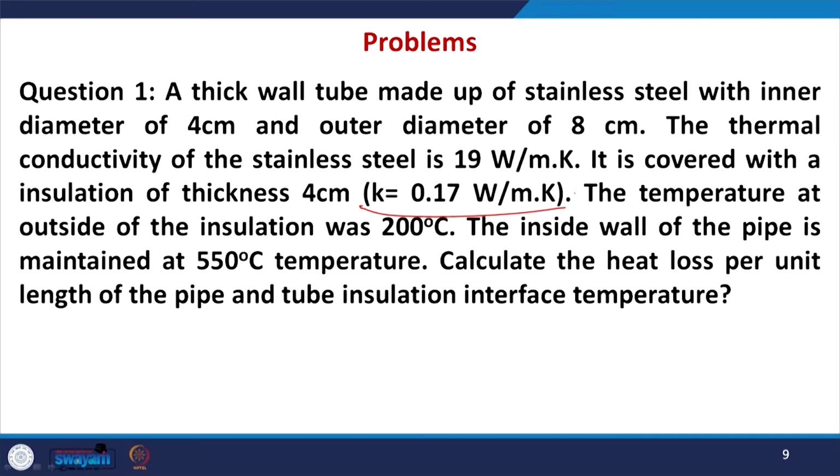The temperature at the outside of the insulation is around 200 degrees Celsius. The inside wall of the pipe is maintained at 550 degrees Celsius. Here you need to calculate the heat loss per unit length of the pipe and the tube-insulation interface temperature.